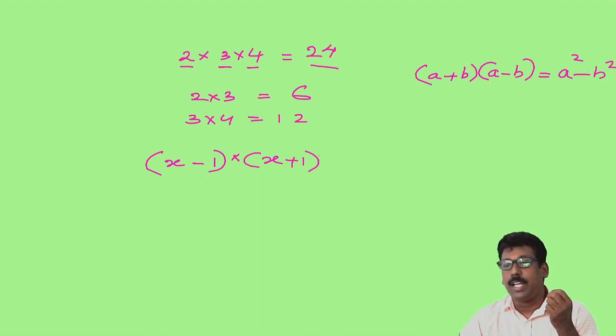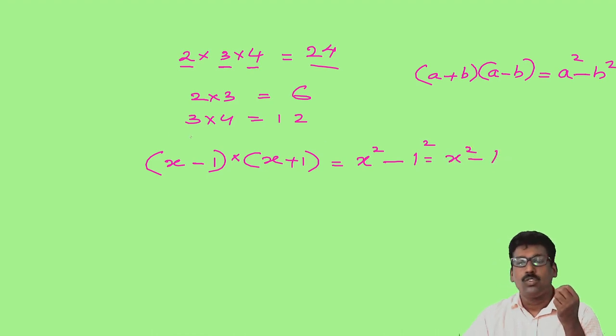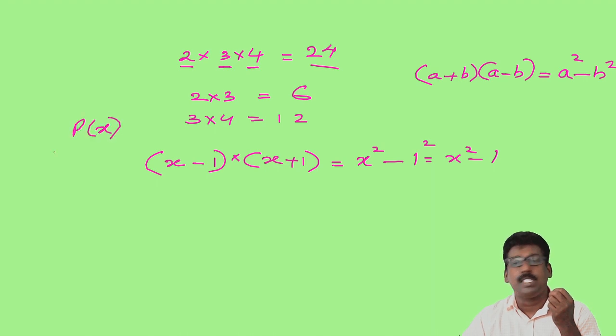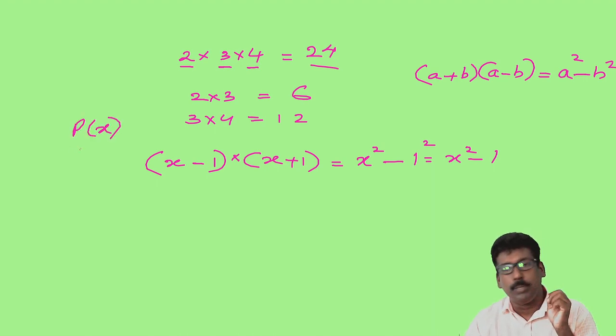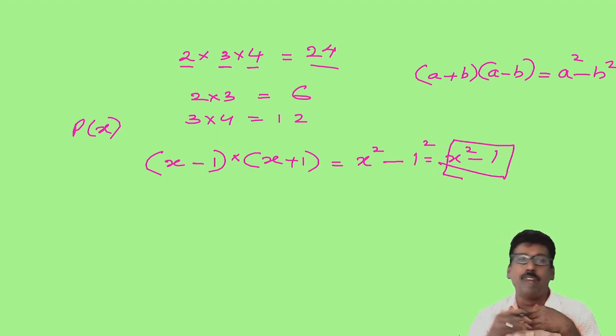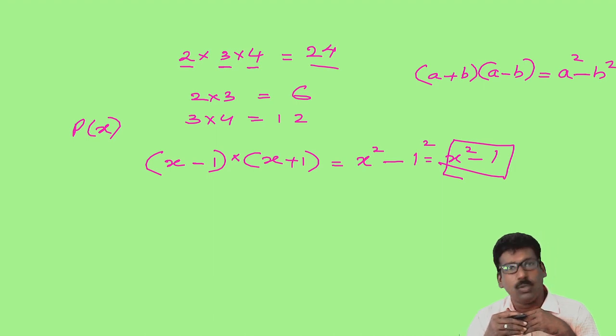So here we can write x minus 1 into x plus 1 is equal to x square minus 1 square, which is x square minus 1. So if x minus 1 and x plus 1 are factors of a polynomial p of x, then x square minus 1 will also be a factor of p of x.